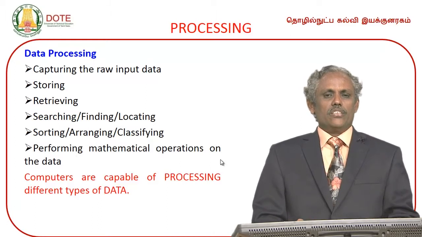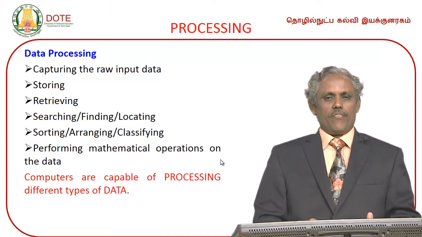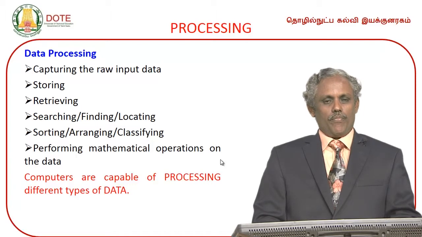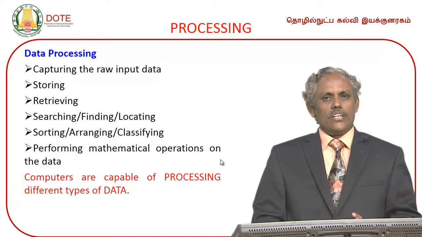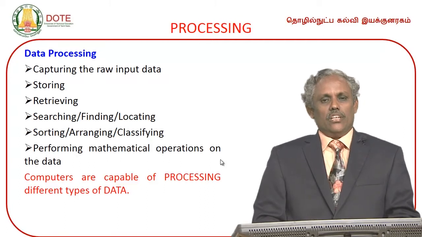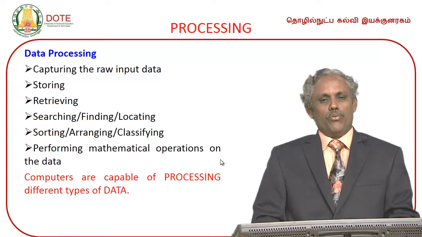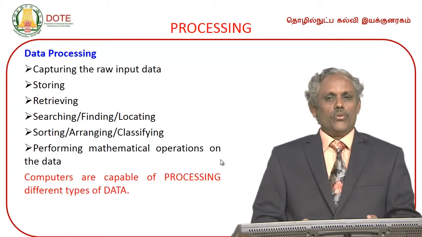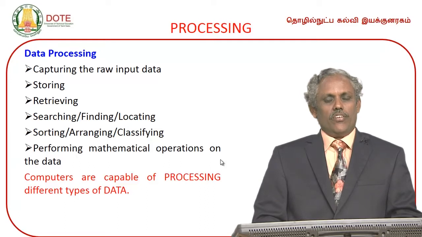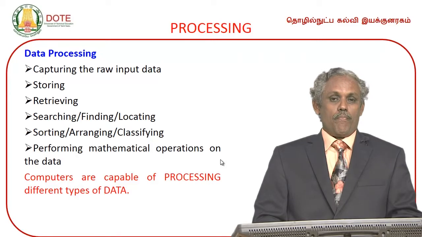From this, what is meant by data and what are the functions or operations we do on those data: if we understand only these two things, then only we can imagine the power of the computer. So, if you want to use a computer, first you should understand for what we are using the computer and how we process that data.